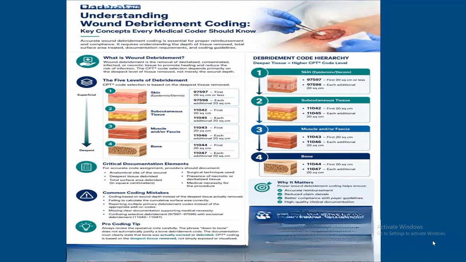If the documentation says down to bone, that does not mean bone debridement; you need to code muscle and fascia debridement. If you want to code bone level debridement, the documentation needs to mention through the bone, as CPT coding is based on the deepest tissue removed, not on what is exposed or visualized.